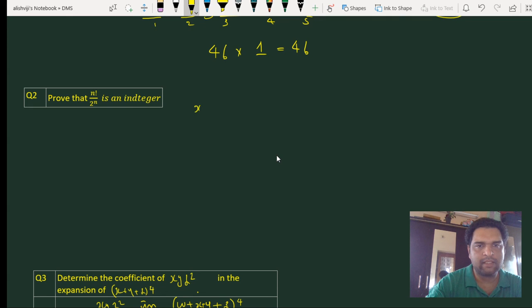We consider the symbols x1, x1, x2, x2, x3, x3, x4, x4, and so on up to xk, xk, in such a way that 2k is equal to n. So we have n symbols.